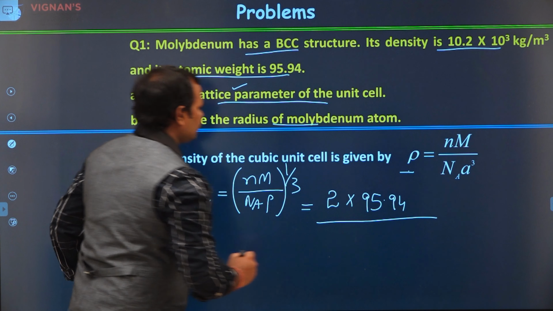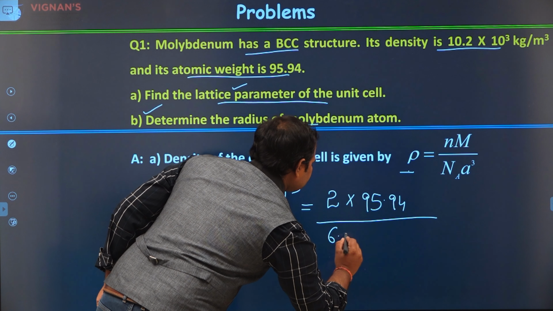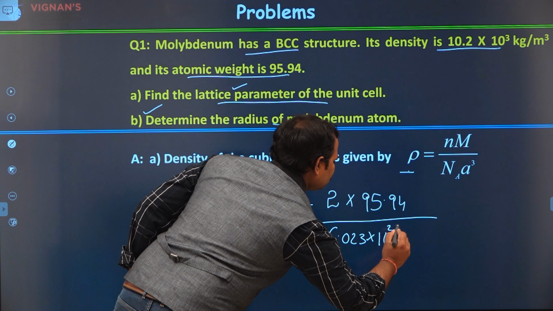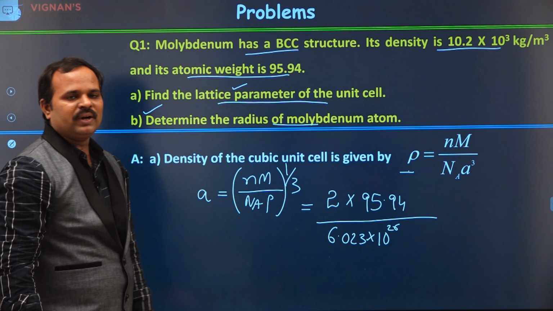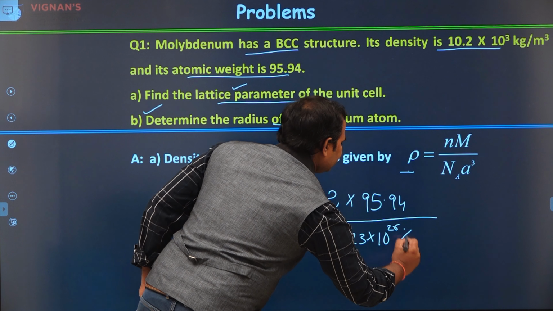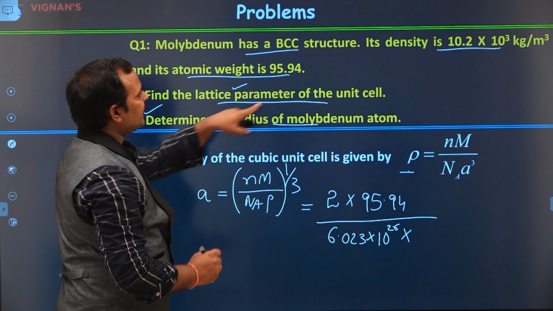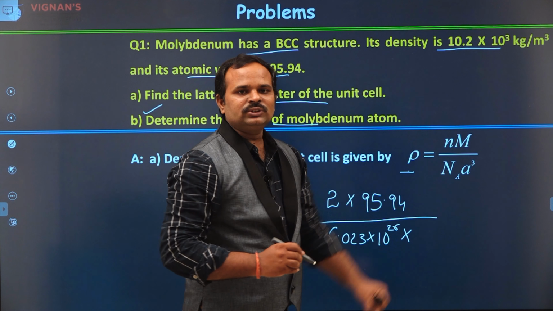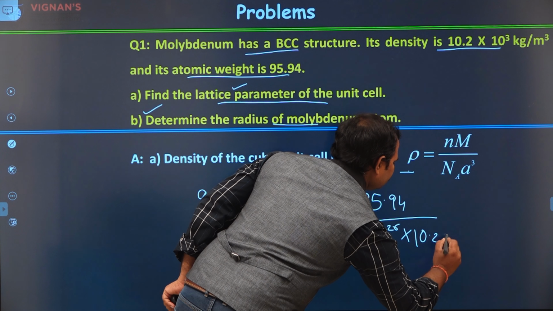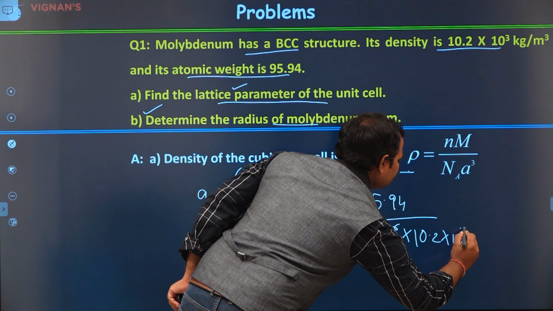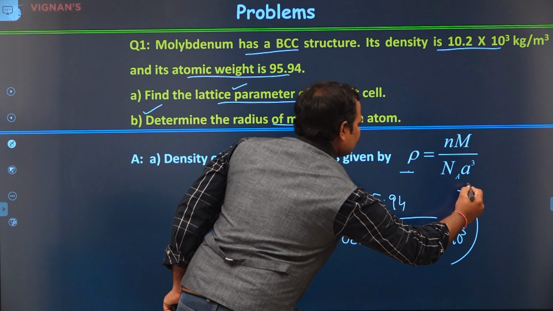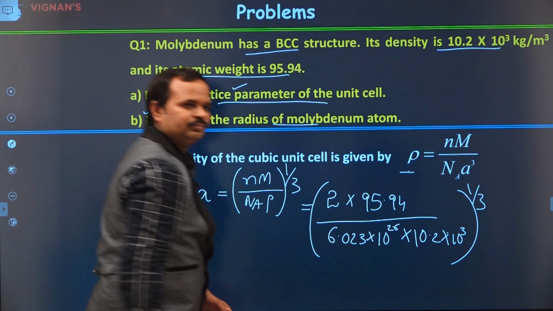We know that the Avogadro number is 6.023 into 10 power 26 per kg mole, and the density is 10.2 into 10 cube, whole power 1 by 3.